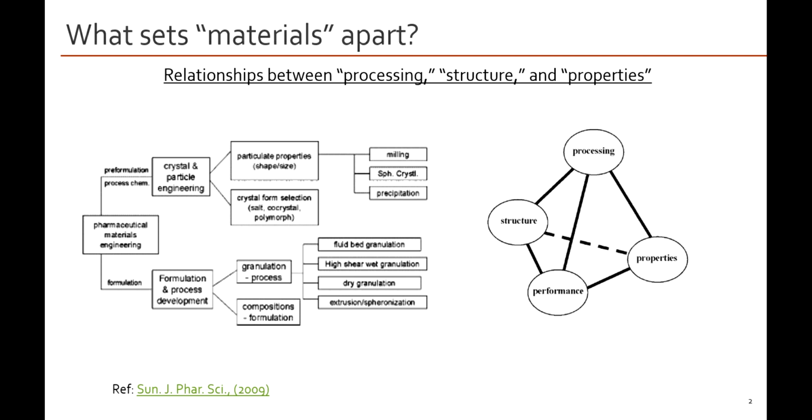How do I go about processing it and how will that, say, affect how it's digested? And taking all of these different processes into account is really the core of materials engineering. Being able to control those different dials to be able to have that material act in a way that you need it to.